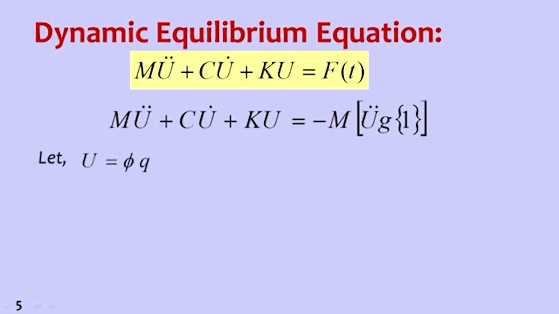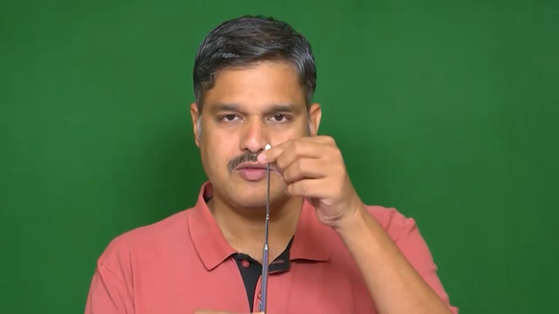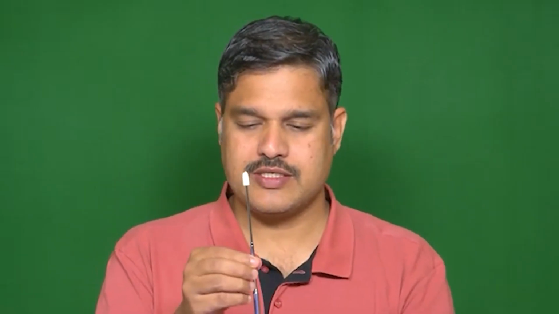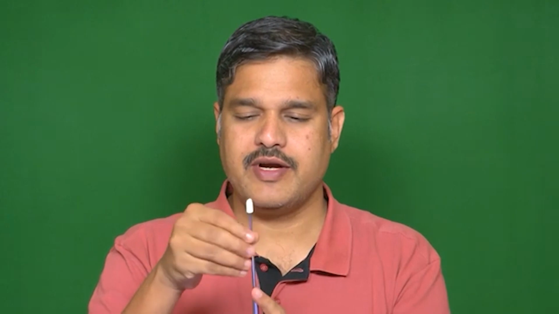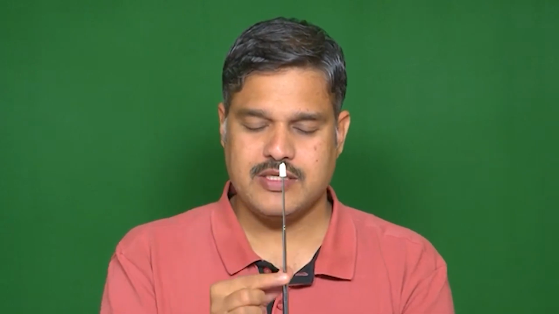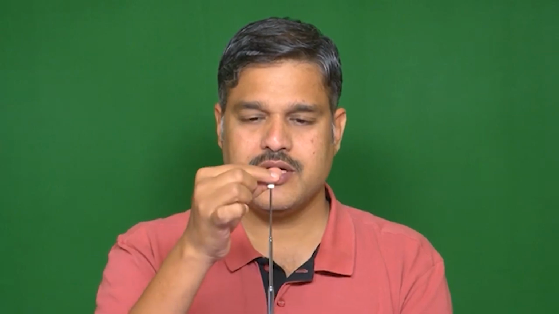So we assume the solution to be u is equal to phi q. I will explain this phi q once again. If I take this as a structure, say a 3 degree of freedom structure, mass is lumped at this location, at the second location, and at the third location.